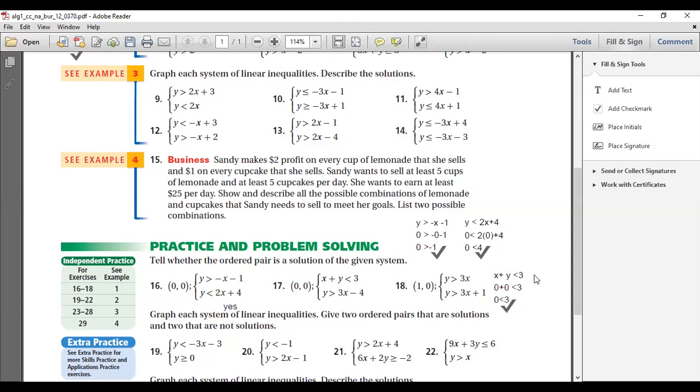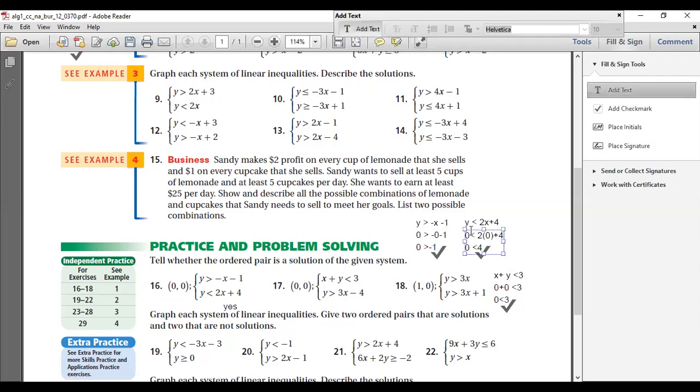Okay, so for the other one, that's going to be y is, hopefully the space is enough, y is greater than 3x minus 4. So that will be y is 0 again, greater than 3 multiplied by 0 minus 4. So 3 zeros are 0, and 0 minus 4 is going to give you negative 4, right? 0 minus 4 is negative 4.